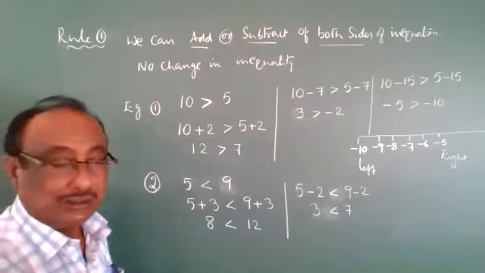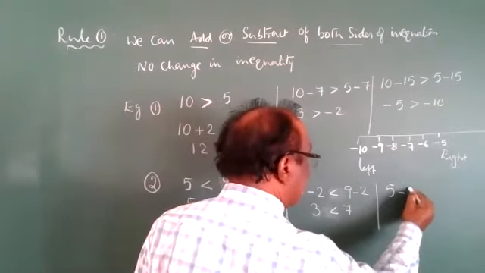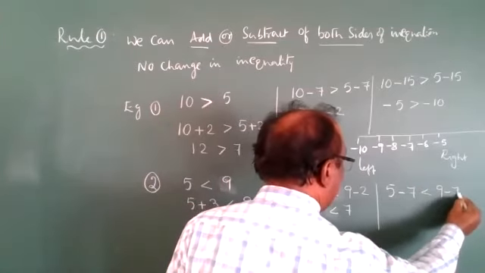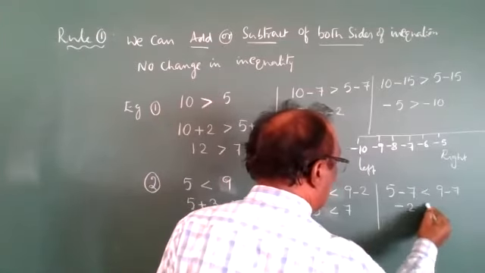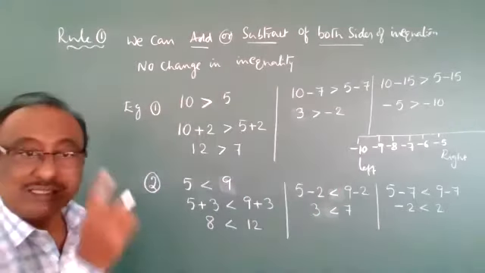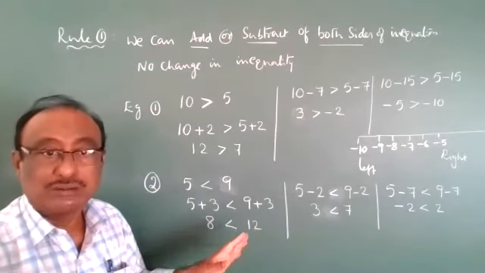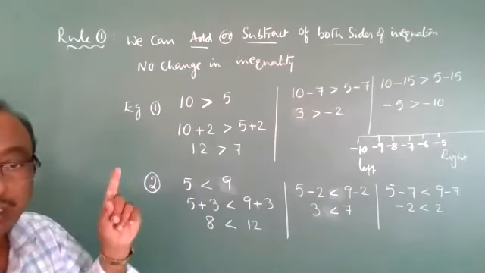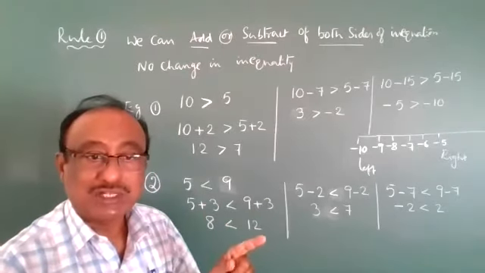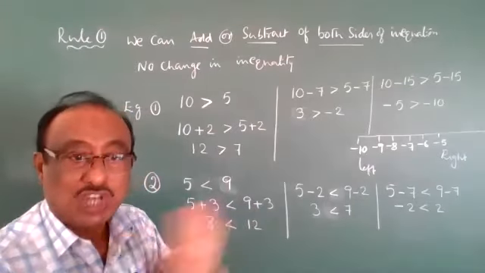Inequality never changes. 5 minus 7 is less than 9 minus 7: minus 2 is less than 2. Always a negative value is less than a positive value, which is correct. Inequality, no change. Rule number 1: by adding or subtracting on both sides of the inequality, it never changes.